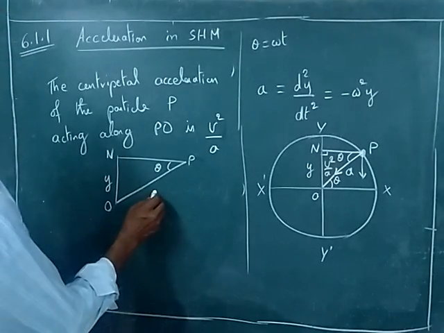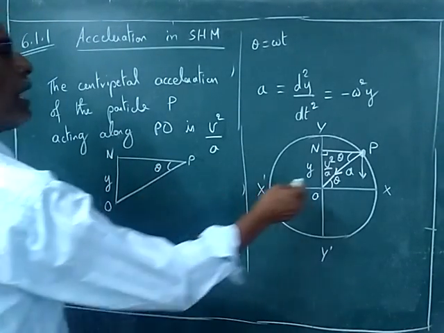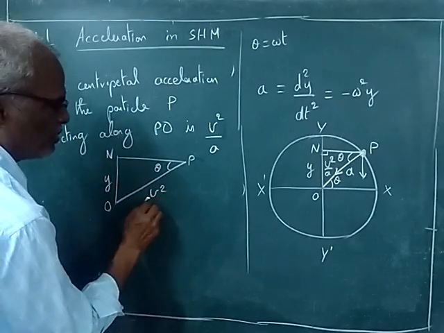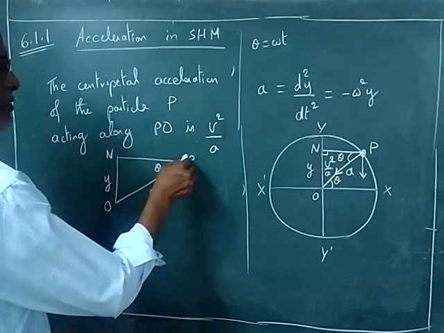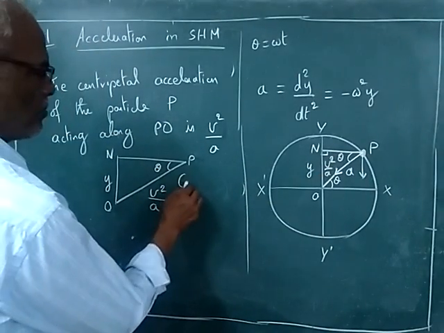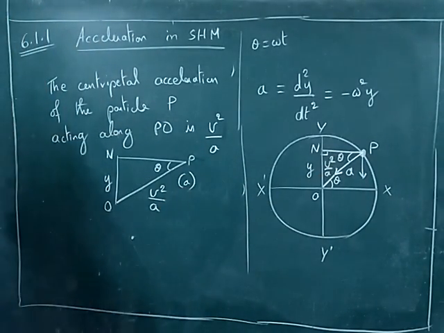The radius is A, and the centripetal acceleration is given by V square by A, and OP is basically the radius and the radius is A.